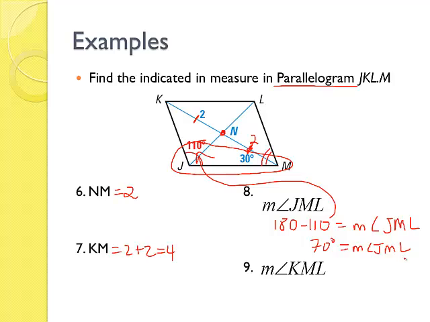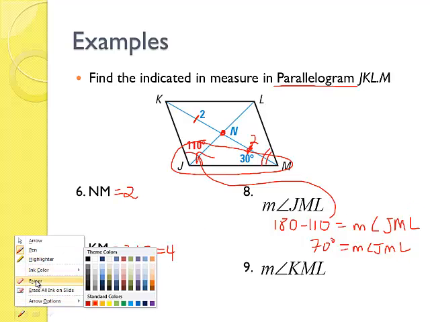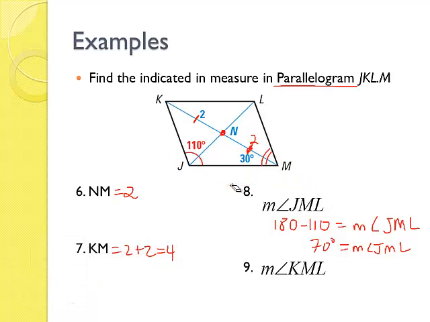Okay. Now the last one, number 9, it's asking for the angle measurement KML, which means it's this part of the angle right here. So we're trying to find this part right here.